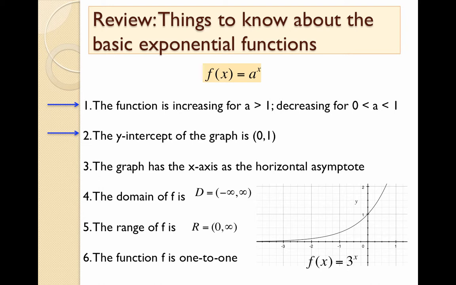The graph has the x-axis as the horizontal asymptote. The domain, negative infinity to infinity, so any x value is okay for us to use. The range is always positive, 0 to infinity. There's no way to calculate a negative number. And the function is 1 to 1.